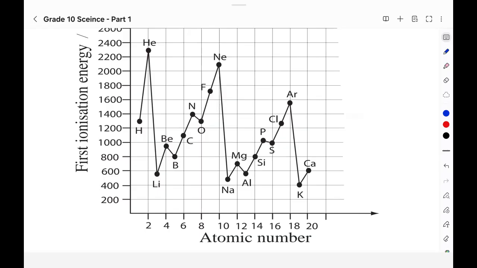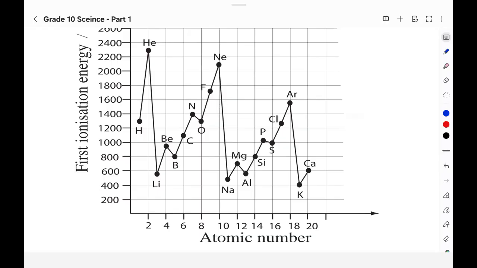If you do A-level chemistry, I'll let you know. In A-level chemistry, the first lesson is atomic structure.